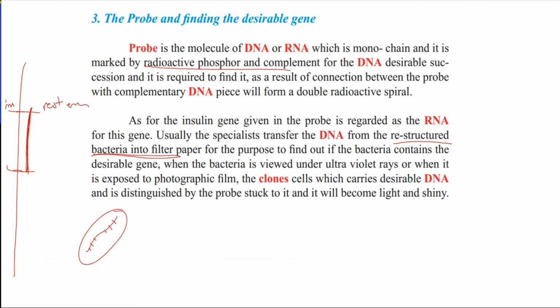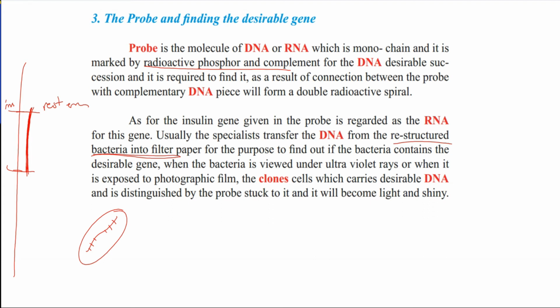Then the bacteria are placed onto filter paper for the purpose of finding out which bacteria contain the desirable gene. Because we radioactivate it when we transport it to the bacteria by a bacteriophage, we can observe which bacteria contain this gene transported by the bacteriophage, and we can separate it from others.